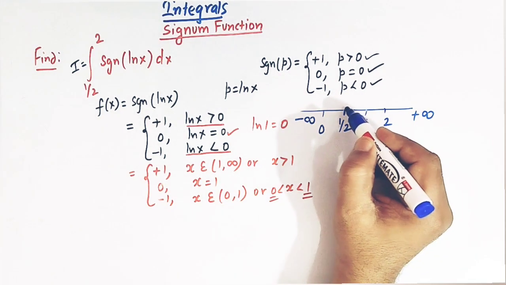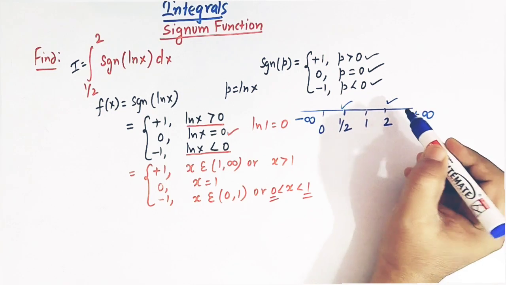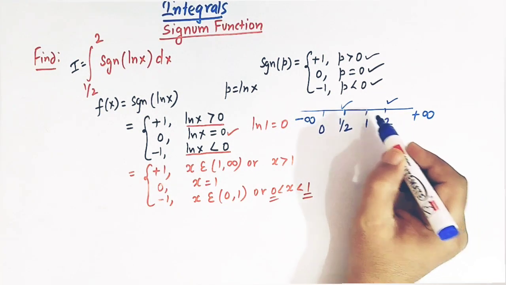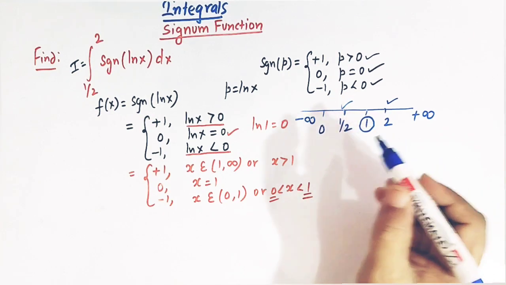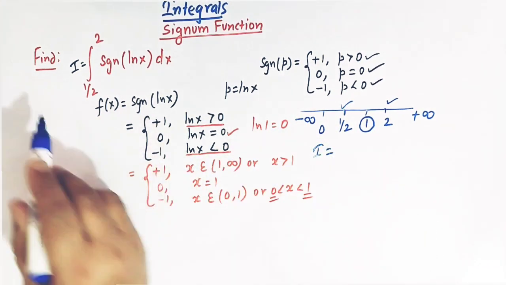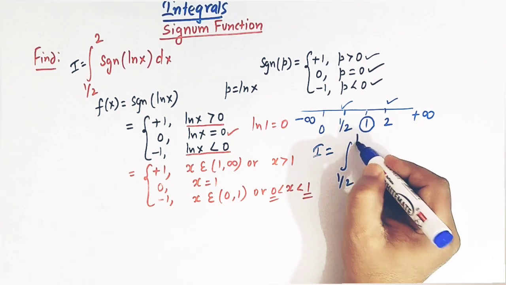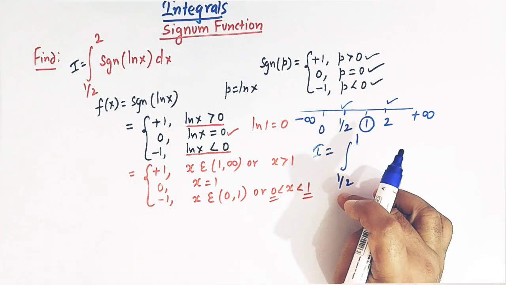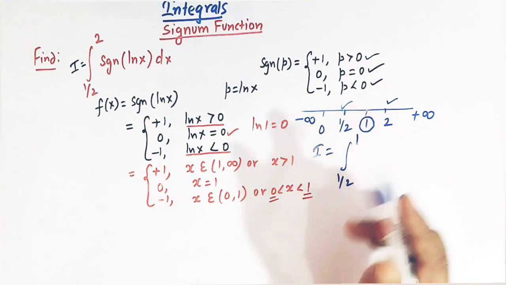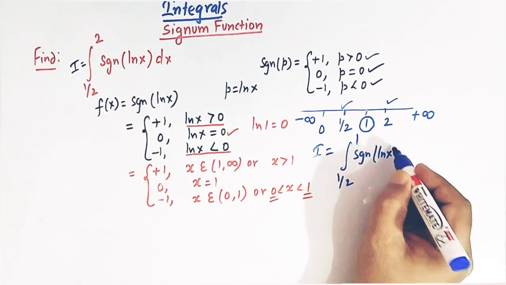We have to integrate from half to 2, and between half and 2 we have the number 1. So when we write this integral I as half to 1, it means all the values of x lie between half and 1. Here we have signum of log of x.